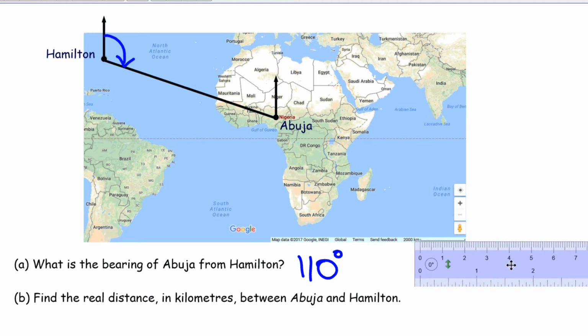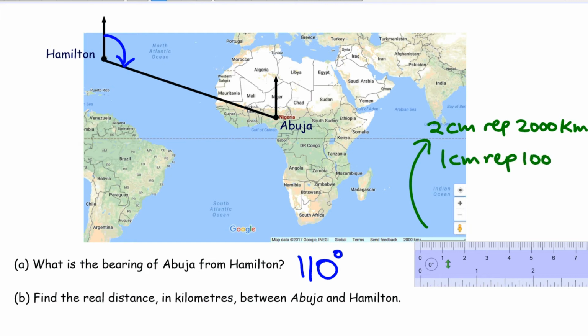So about 2 centimeters represent 2,000 kilometers, which means 1 centimeter will represent 1,000 kilometers.